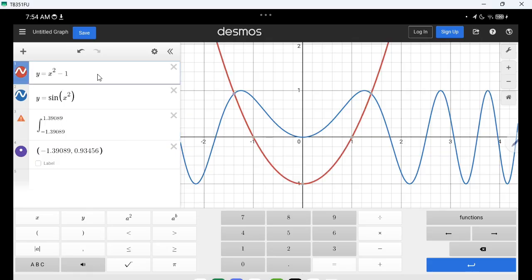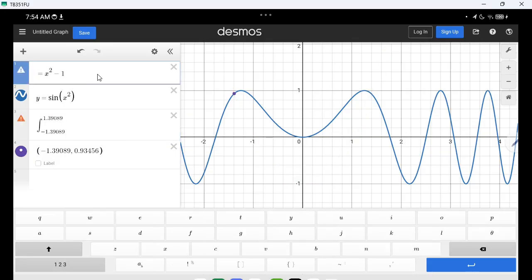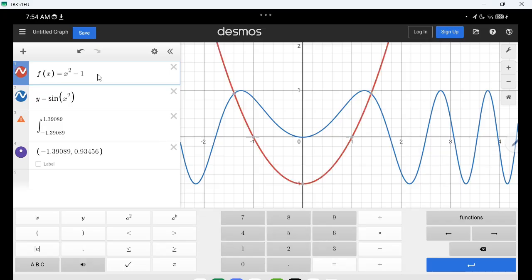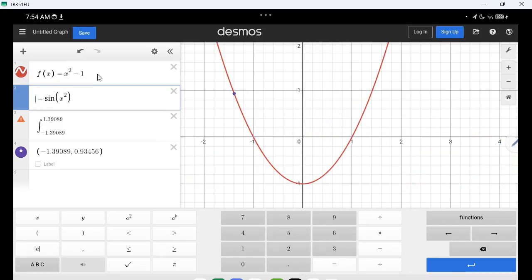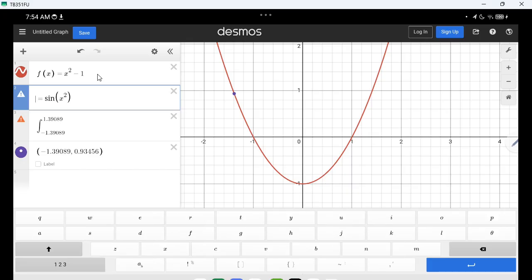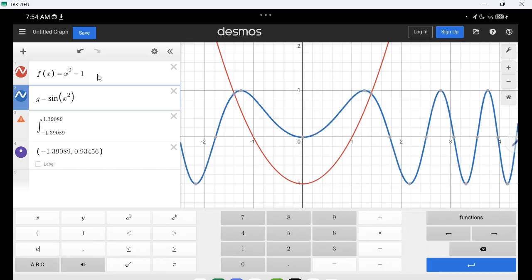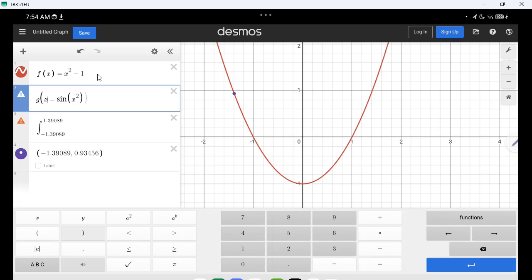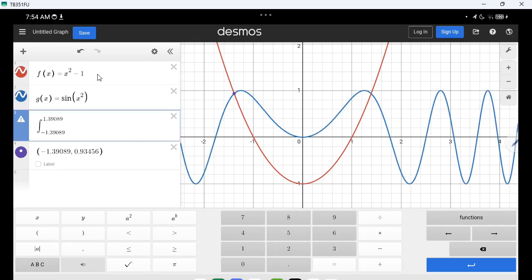And if I was smart and had actually labeled these as f of x and g of x, I'd be good, because I can just type those in that way. g of x. Boom. But this time I did the way I just did f and g.